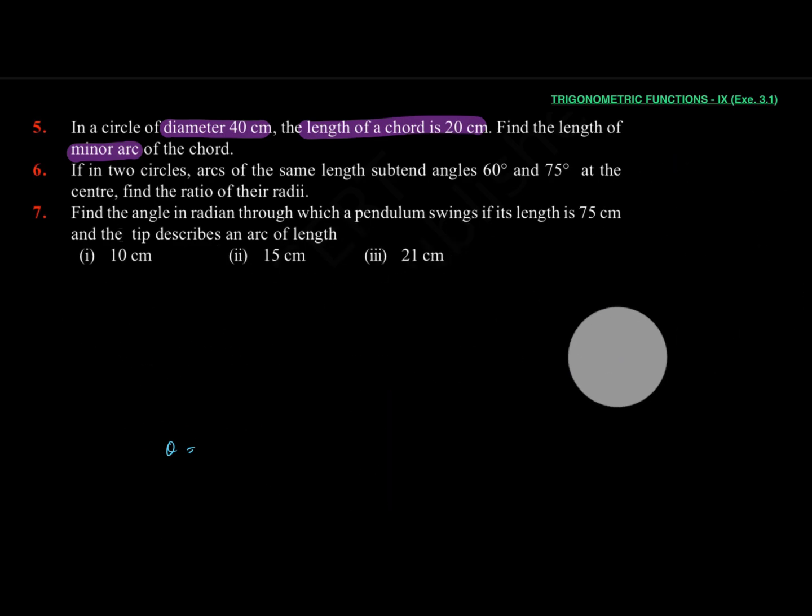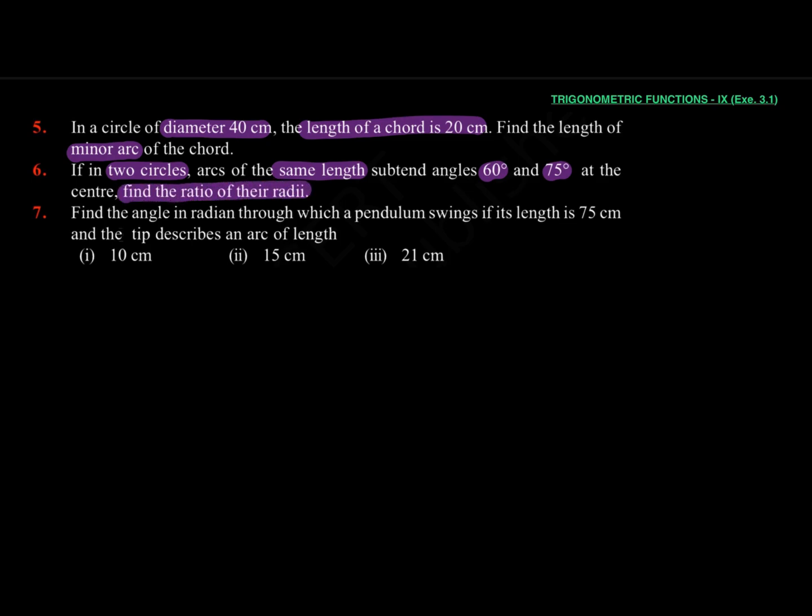Towards question number 6. Question number 6 is, if in two circles arcs of the same length subtend angles 60 degree and 75 degree at the center, find the ratio of their radii. So this is question number 6. So here we are given with two circles where the arcs are of same lengths.